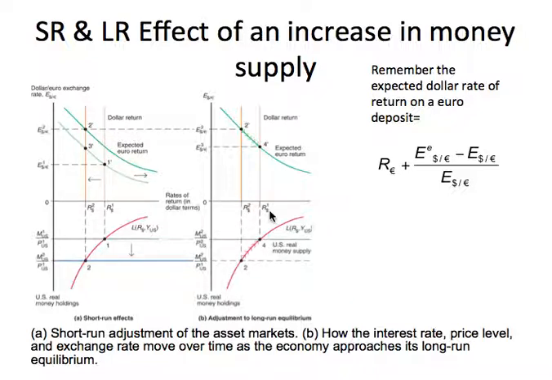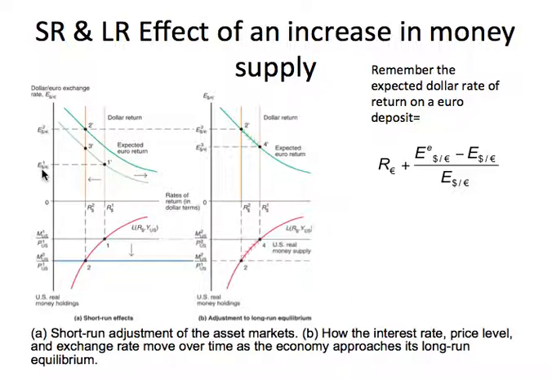As a result, the interest rate curve shifts to the right, which intersects the expected euro return curve at a lower point here, and that gives us the equilibrium exchange rate in the long run. Now, the equilibrium exchange rate in the long run is E3, which is obviously higher than the original exchange rate E1, which means that in the long run the exchange rate does actually increase.